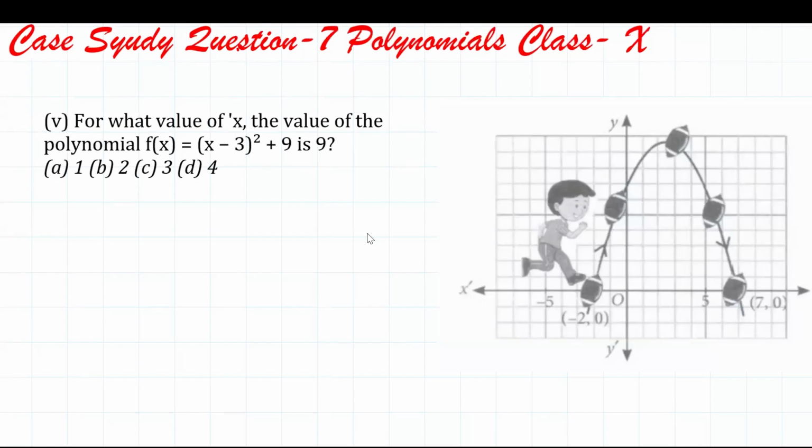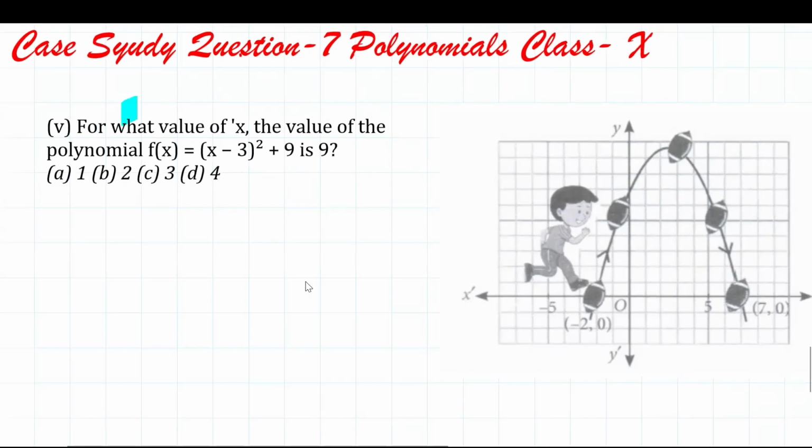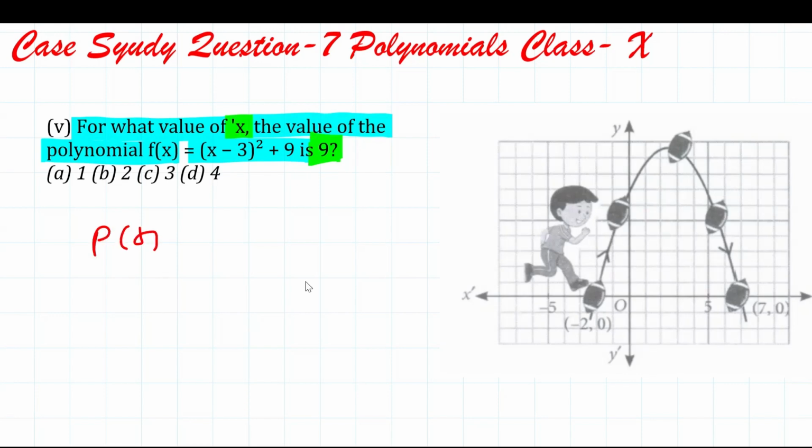The fifth part says: for what value of x is the value of the polynomial f(x), which is given by this, equal to 9? First of all, let me write down the polynomial once again. They have written f(x), so we should also write f(x).